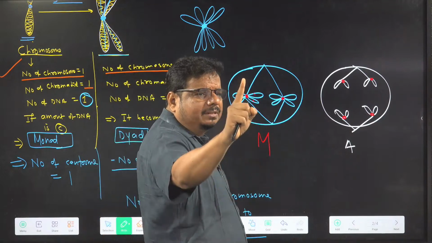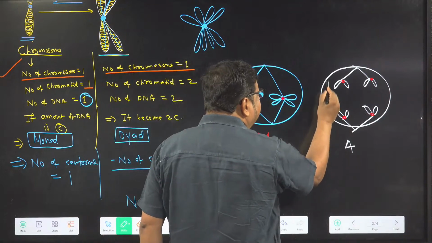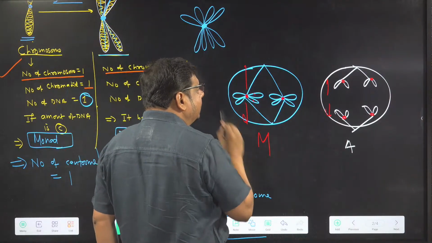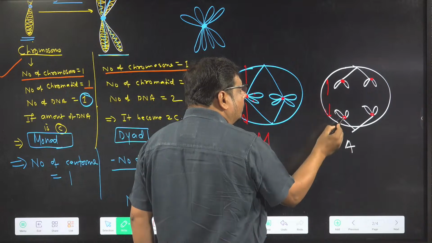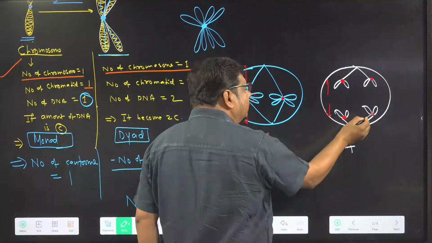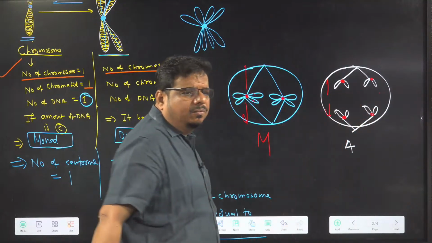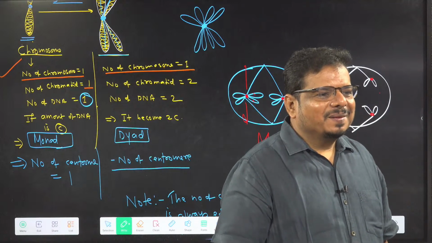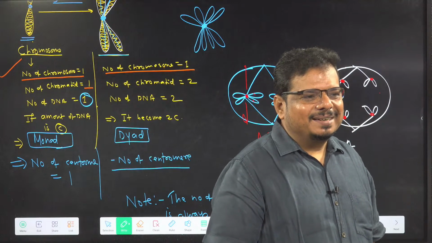How many chromosomes? 1 chromosome. As they divide, they move up, they move down. Centromere also divides. This has a separate centromere, this has a separate centromere. They are considered as 2 chromosomes, and 2 chromosomes. Total 4 chromosomes. So who is working like a kitchen in a chromosome? Centromere. Understanding the idea or not?